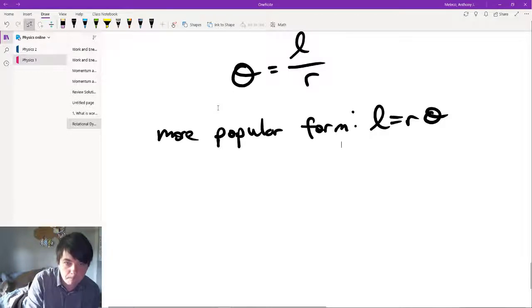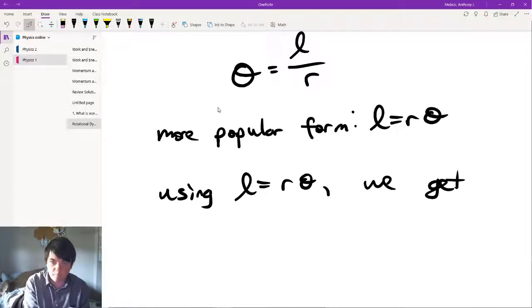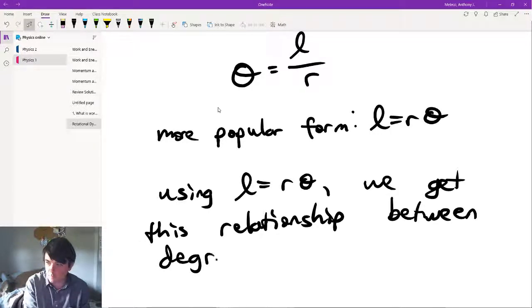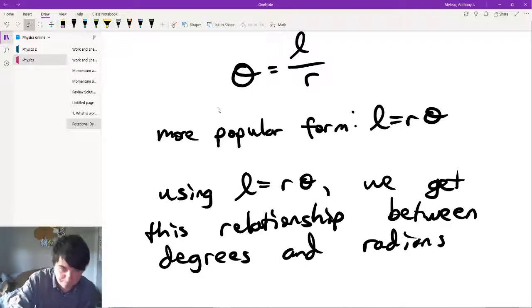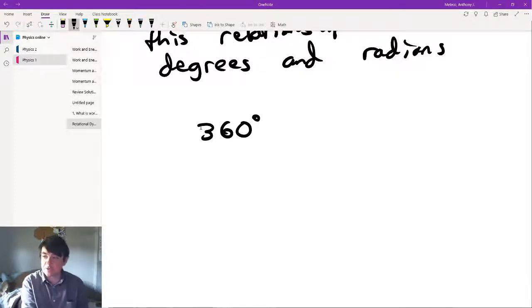Using L equals R theta, we get this relationship between degrees and radians. If your arc length is the entire circle, 360 degrees, that equals 2 pi radians.